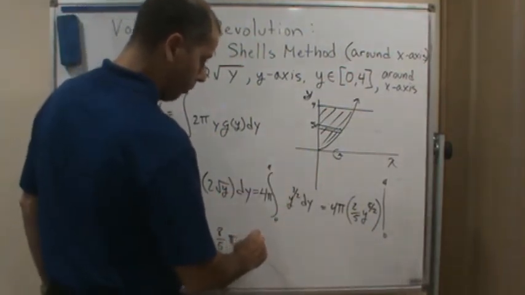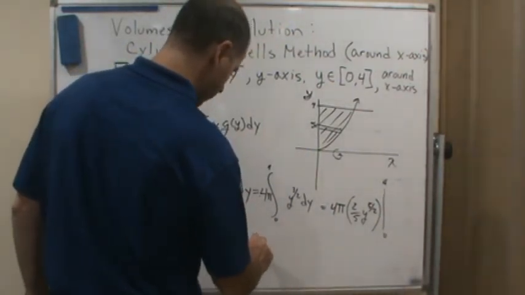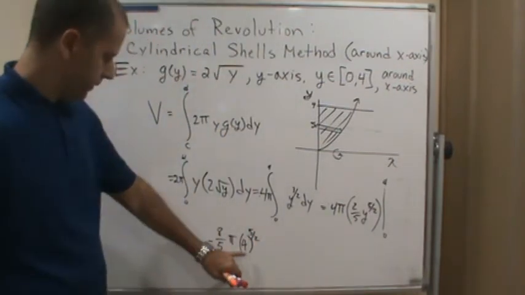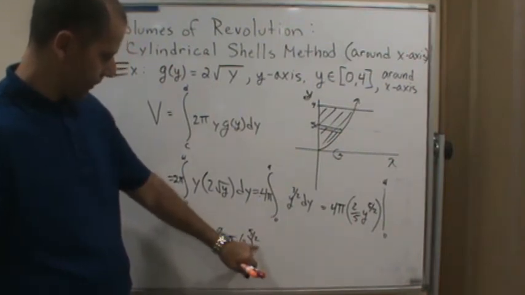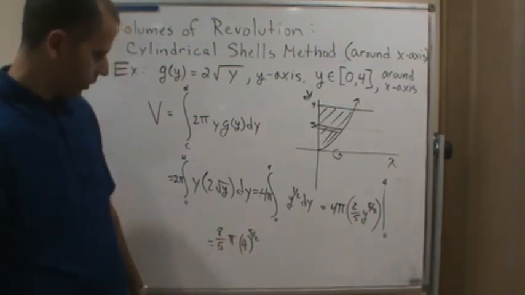So this is going to be what? 4 to the 5/2. Well, remember, this is 4 to the 1/2, which is the same as the square root of 4, so that's going to be 2. And then we take 2 to the 5th. Well, what's 2 to the 5th?